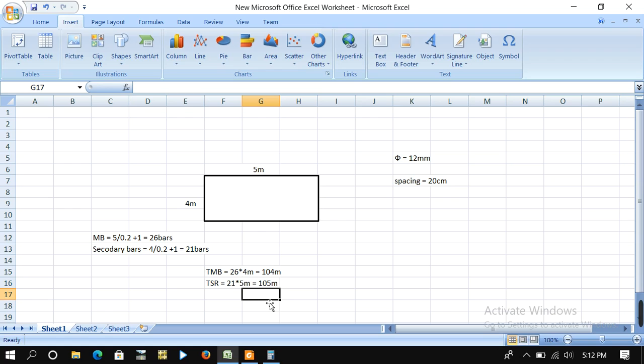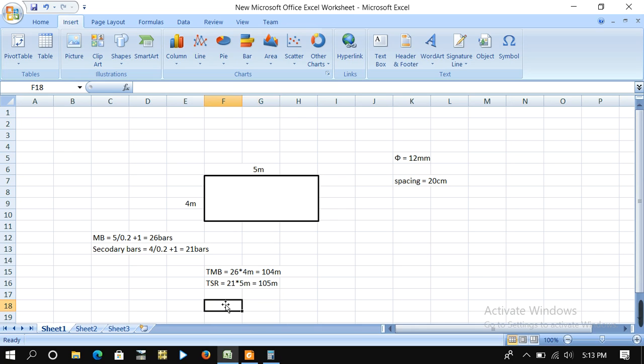To do that, we have already calculated the total length in the main direction as well as in the secondary direction. So the other task is, first, to calculate the unit weight of the bar or the reinforcement.